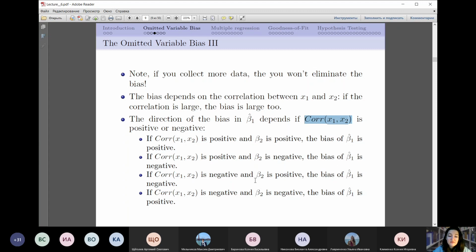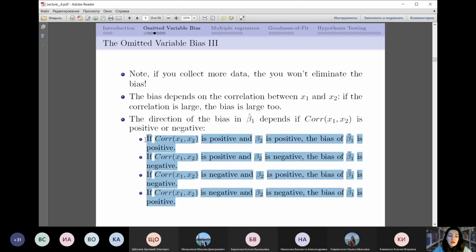If the correlation is negative, but the sign of the omitted variable is positive, the bias will be negative. And if the correlation is negative and the expected sign of beta 2 is negative, the bias will be positive. So these are the 4 combinations that we can obtain if we want to guess the omitted variable bias sign.